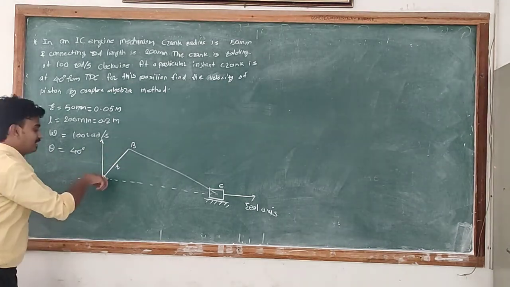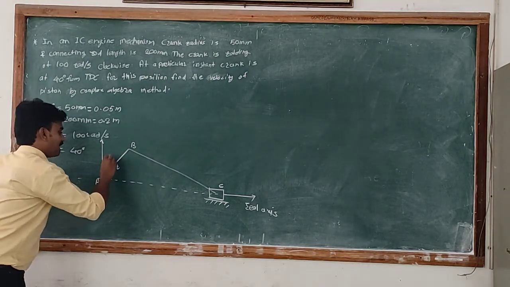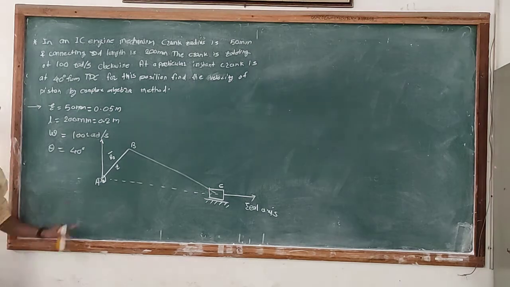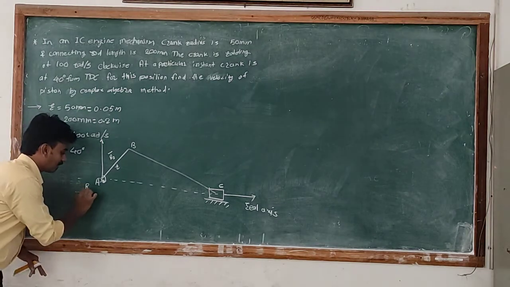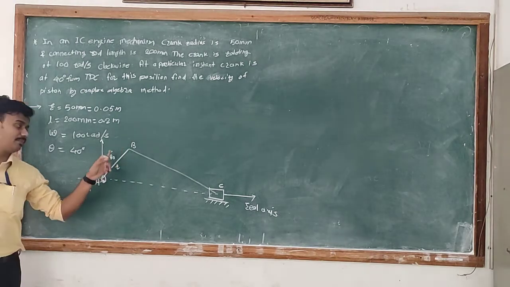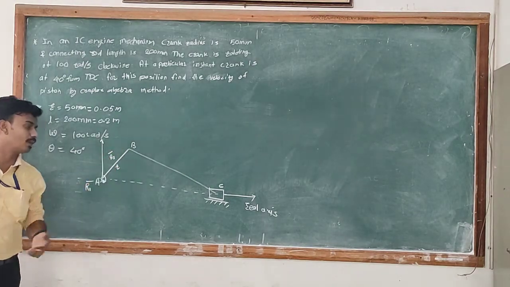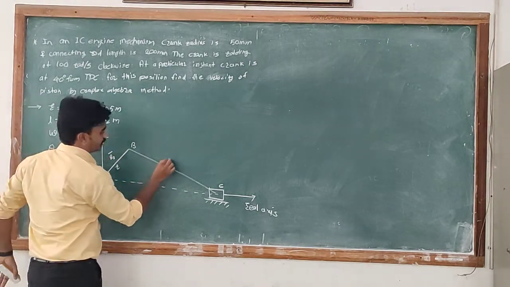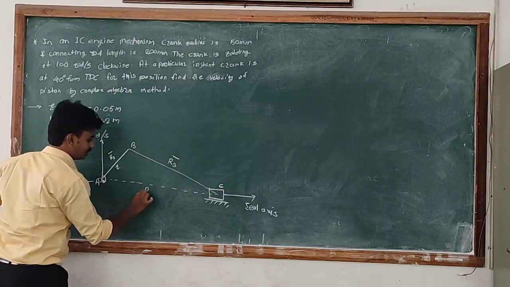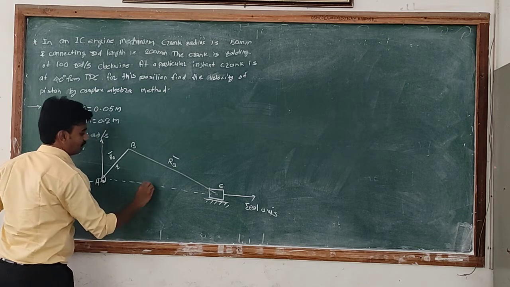We mark link AB as R2 bar. The fixed link we mark as R1. Link BC we call R3 bar, and this is my link number 4, that is R4.